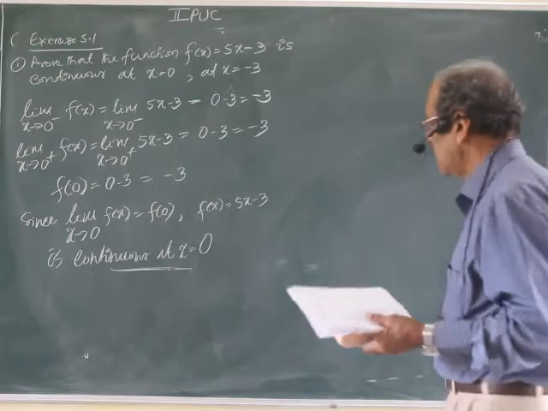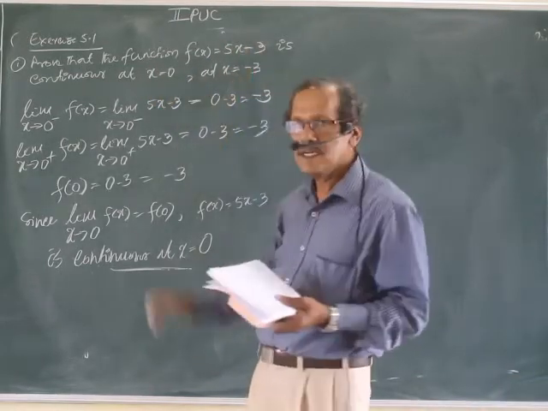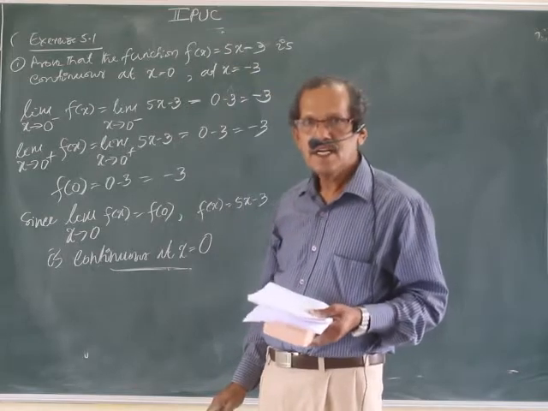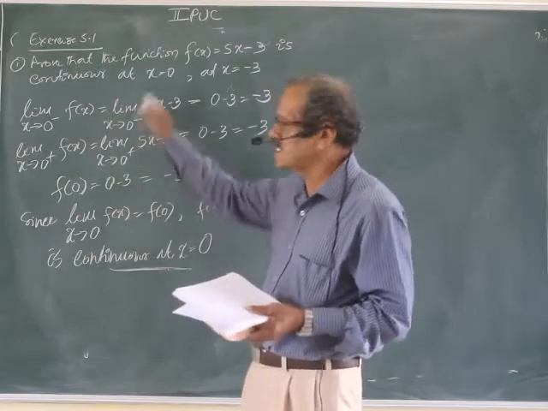But remember, if you use the properties, this one is a linear function, a polynomial function, so straight away you can write that it is continuous everywhere. You need not discuss this one.